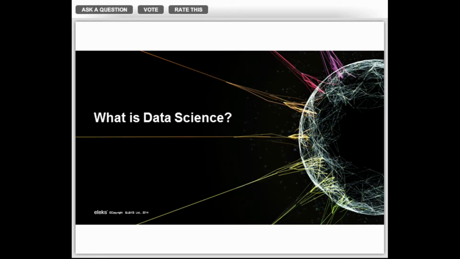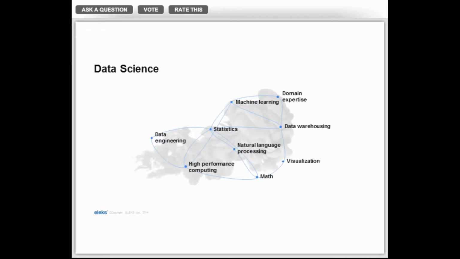So what is data science? Is it rocket science or something? I believe it's not. I believe it's a combination of skills, technologies, and techniques. Skills like data engineering, statistics, math, high-performance computing, natural language processing, computer vision, data warehousing, and others.